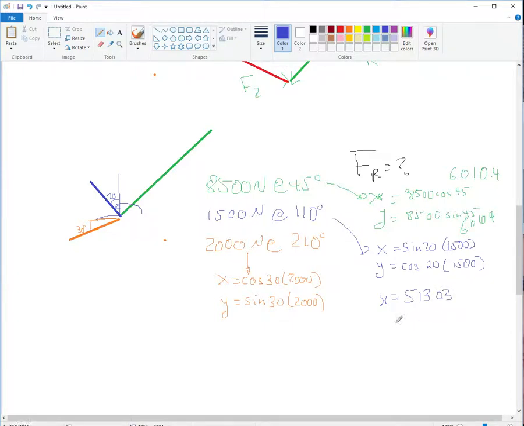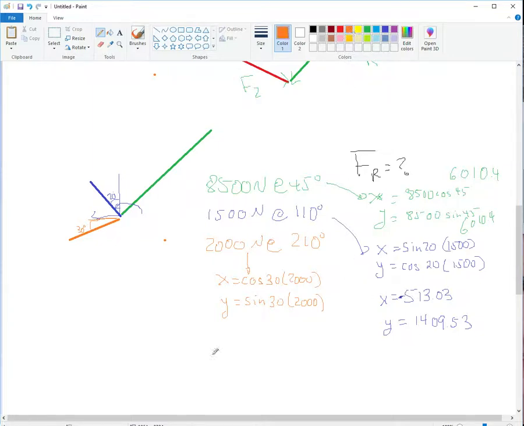And then the y is going to be cos of 20 times 1500, which is 1409.53. Now, for the blue, the x value is going backwards. So this is actually a negative value, right? Because the x of the blue vector is going backwards. So therefore, it is a negative value. Don't forget that part, okay?